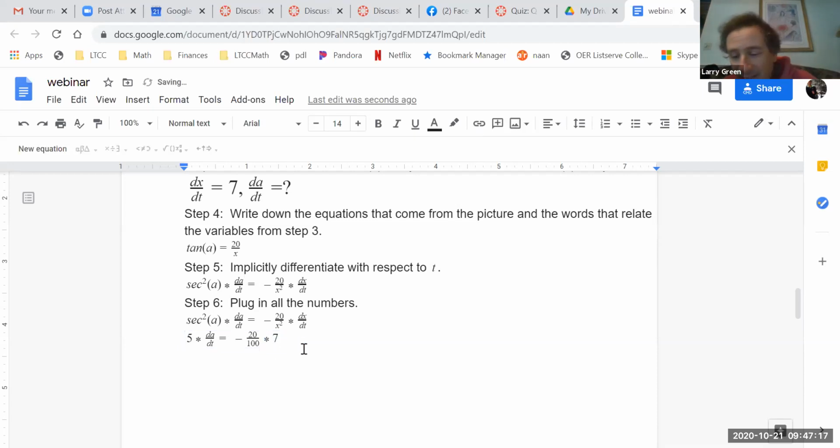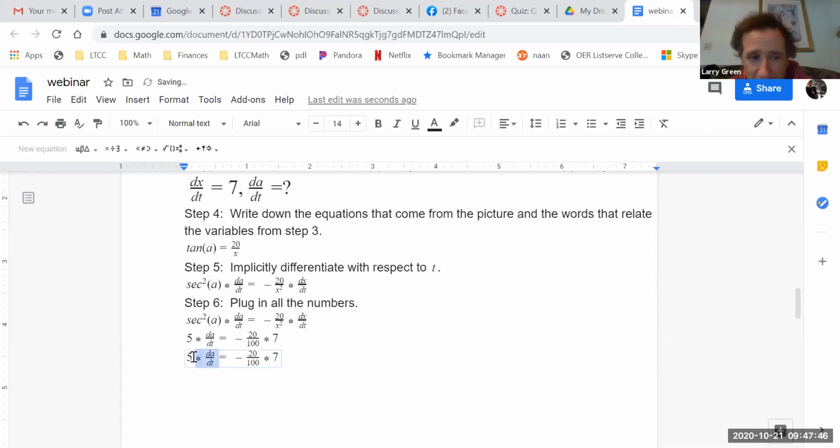All right. So at this point, if you can't solve for dA dt, you don't belong in this class. What do we have to do to both sides? If you have 5 times something equals something. Yeah, divide by 5. Okay. And again, I like to copy and paste and then do what I need to do to it.